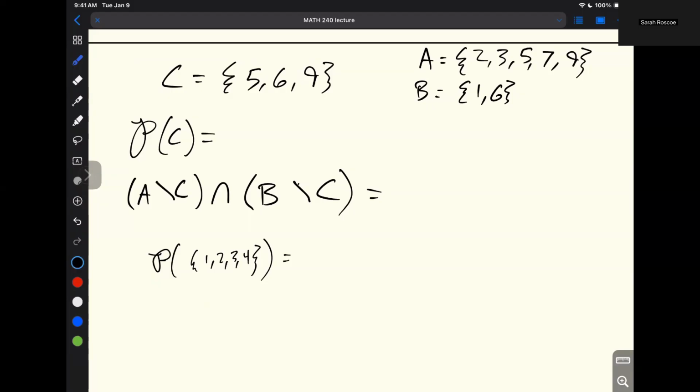All right, what's the power set of C? I'm going to write with parentheses instead.